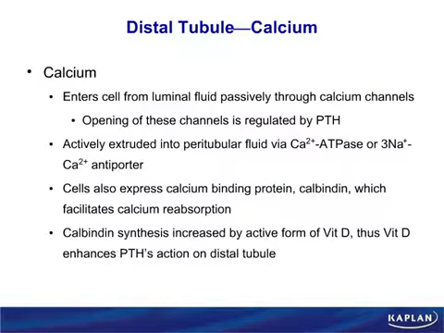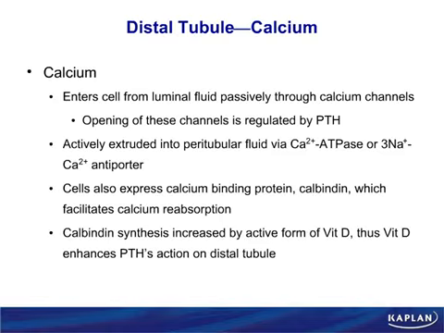So the distal tubules is an important site for regulating calcium reabsorption because this is where PTH works. PTH opens the calcium channels, and that increases calcium reabsorption, and this can have an important effect on your serum calcium levels. This is a site where you actively reabsorb calcium.